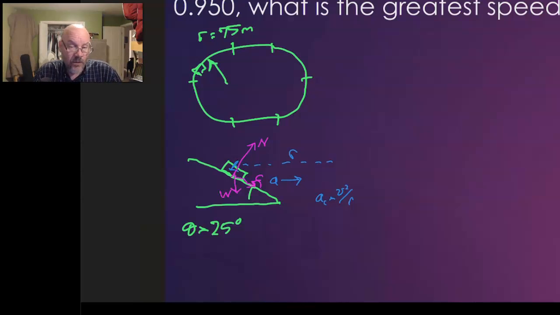That's the only other thing we've got. As it goes faster and faster, we're going to have more and more friction to keep it from sliding up the embankment as it comes around. And that's going to be a static friction, even though the wheels are rolling, because the wheels are not sliding. So it's not kinetic, it's static because they're rolling.